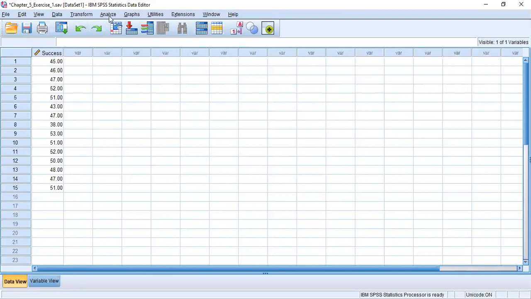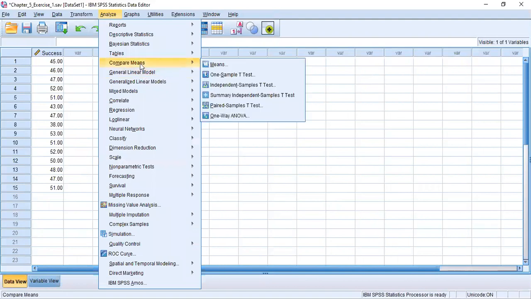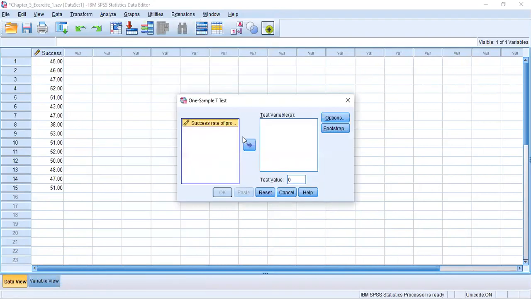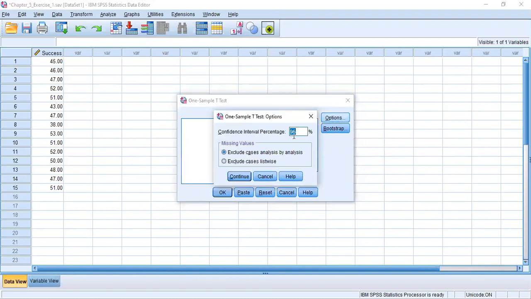Now coming to the test: Analyze, Compare Means, One Sample t-test. This is how the file comes up. This is the test variable for us. Under Options, we are not doing anything, but just checking the confidence interval percentage. The question says that alpha level has to be 0.05, or significance has to be 0.05.